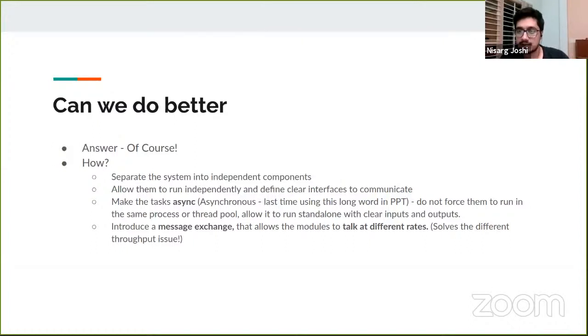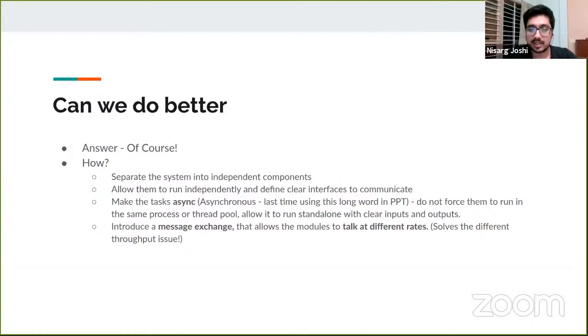And I'll touch upon this. How are we going to do this? But yeah, so the idea is you want to separate them out. Don't do crude function calls. Define interfaces that each module can access. And if your implementation changes over time, that's okay. The interface should remain constant. Third point, which is one of the core ideas of today's talk, is make the tasks async.